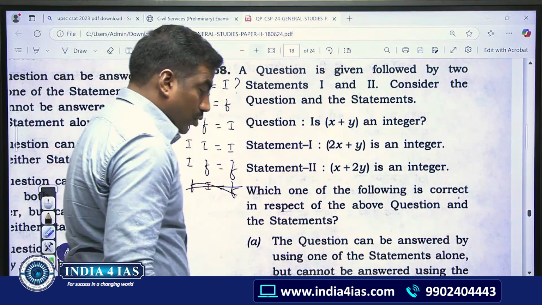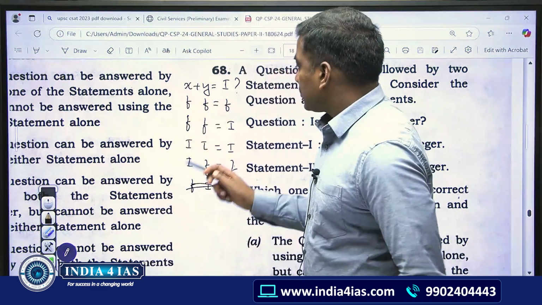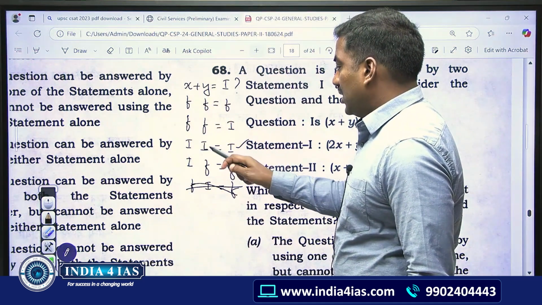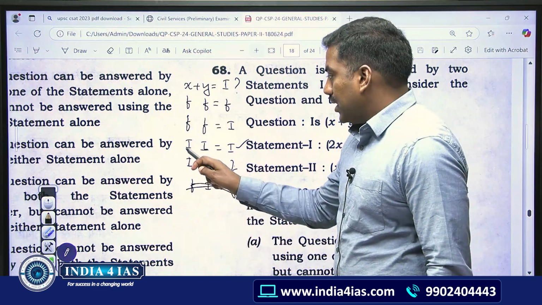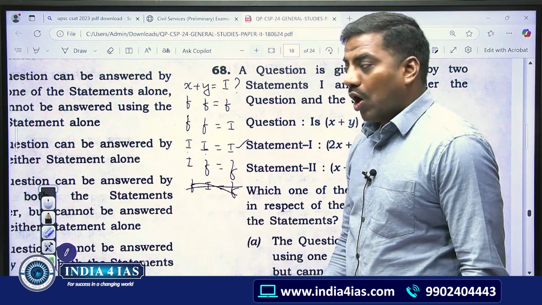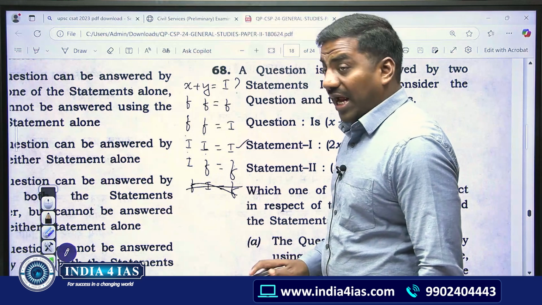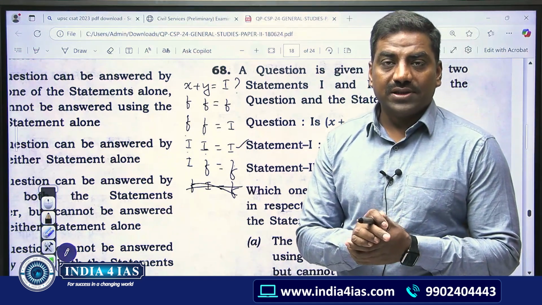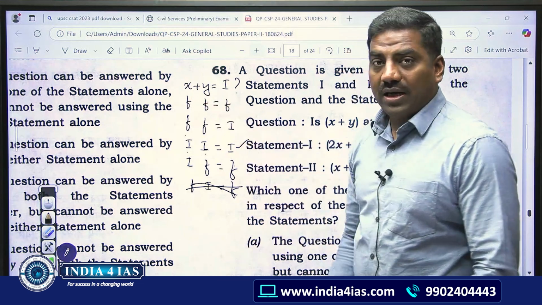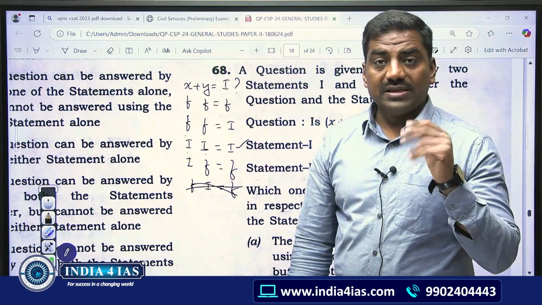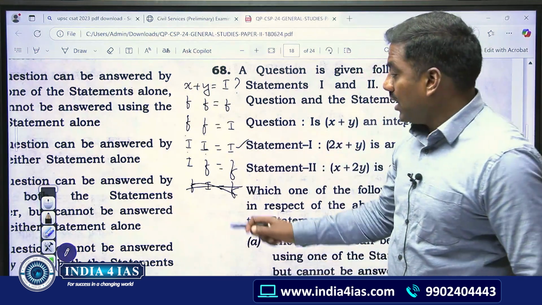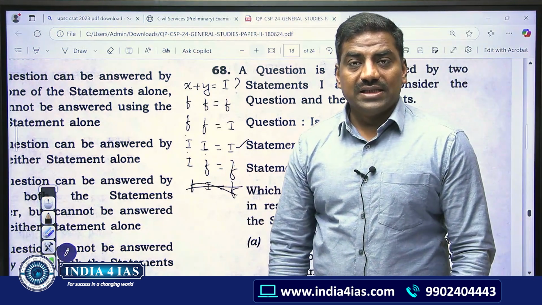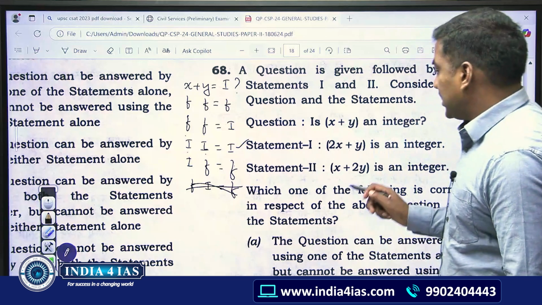But in this case, if you want the answer as an integer, both x and y should be integers, or both x and y should be fractions, but particular fractions. Any fraction will not give the answer. If it is 1 by 3 and 2 by 3, we'll get the answer as 1. There is a possibility. But if one is a fraction and the other is an integer, definitely we'll get the answer as a fraction.